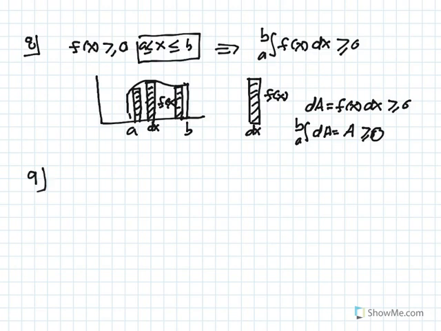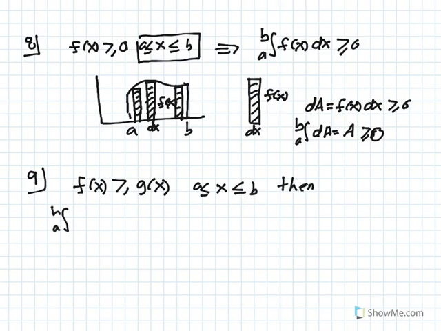Let's look at property 9. Here we have, if f of x is larger than g of x for x between a and b, then the area under f of x should be larger than the area under g of x, from a to b of g of x dx.